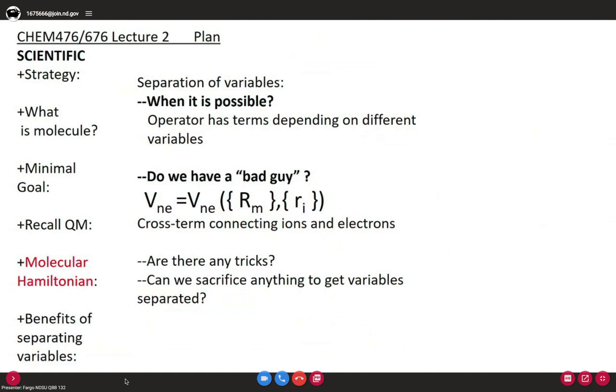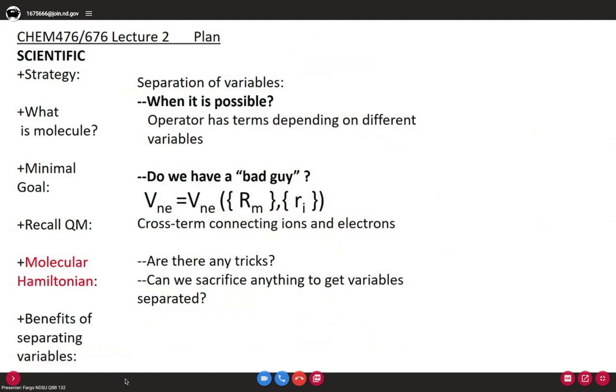It will be separable. But if it has terms like derivative over x1 times derivative over x2, then variables may not be separable. So we need to look if our molecular Hamiltonian includes any cross terms that mix independent variables of different nature.